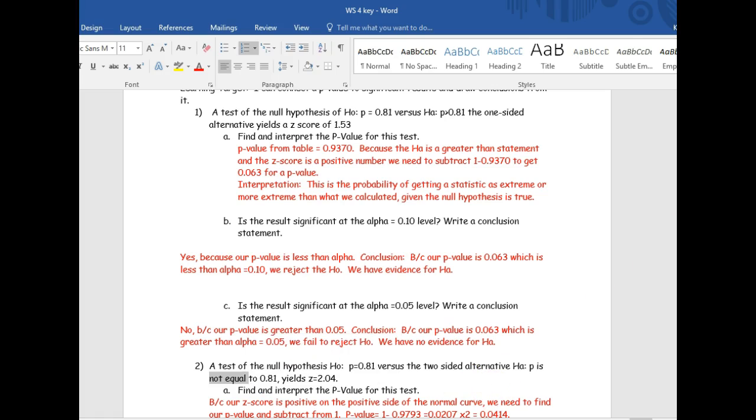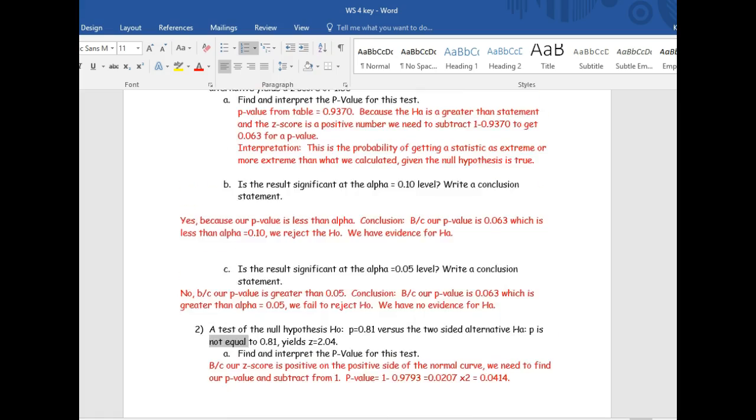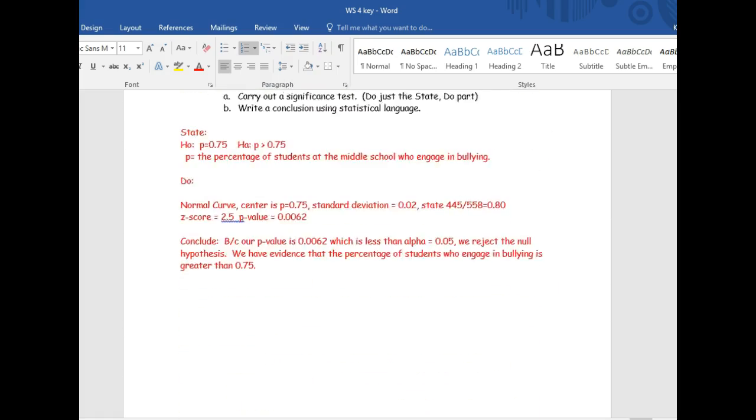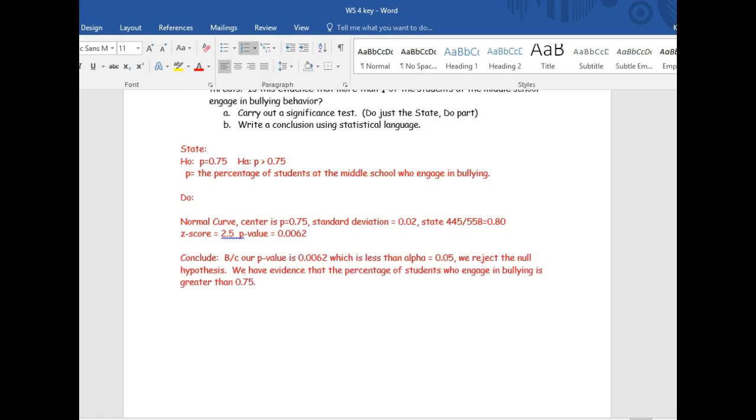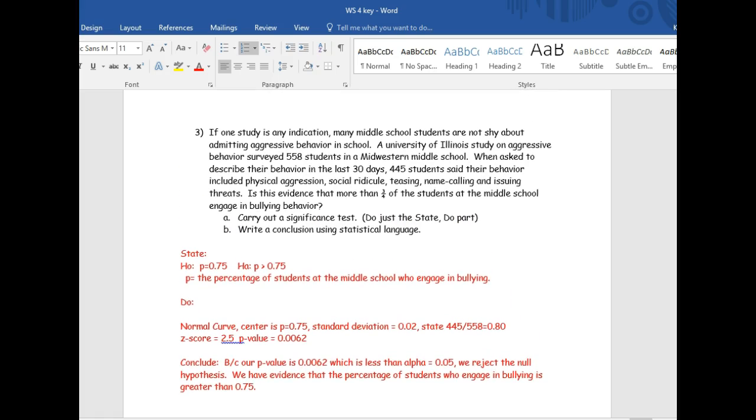Now, you can check the key on the desk, and I'll try to post it online as well to help you out. I'm going to talk through number 3 for you, and then you can do number 4 on your own. Number 3 is talking about if one study is any indication, many middle school students are not shy about admitting aggressive behavior in school.